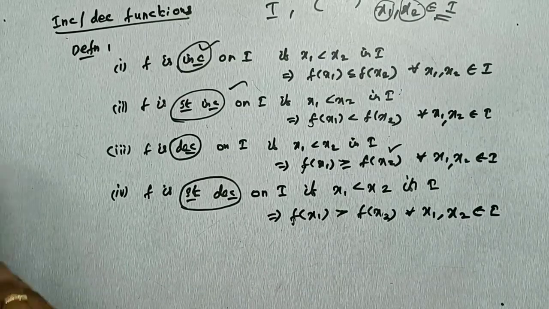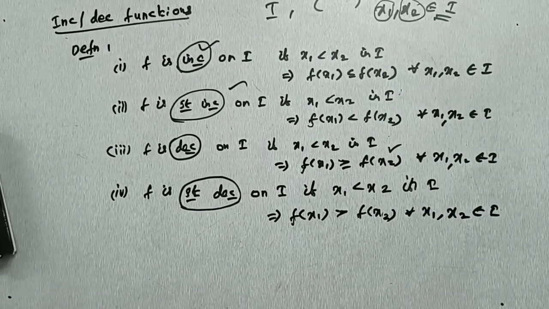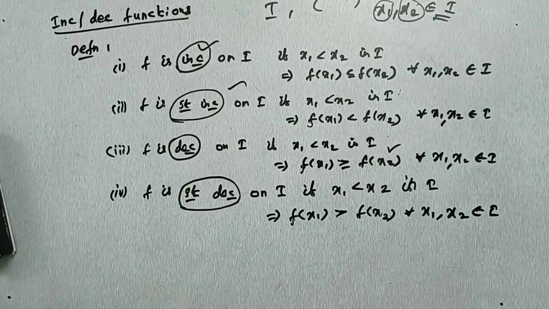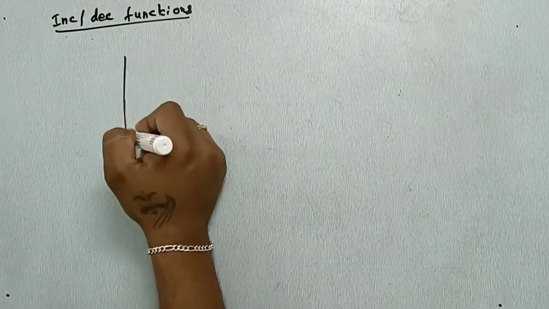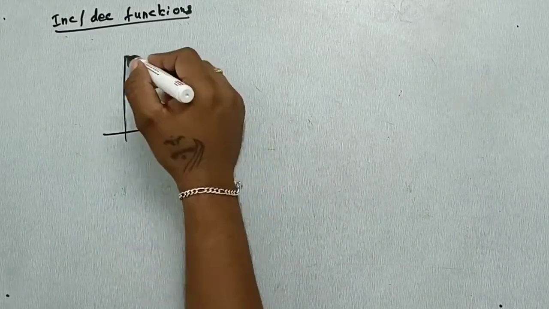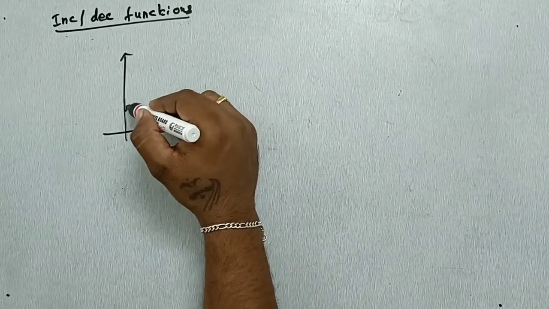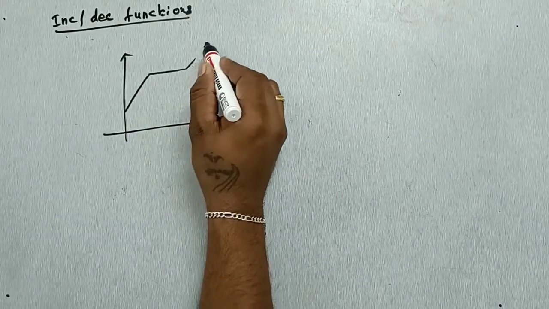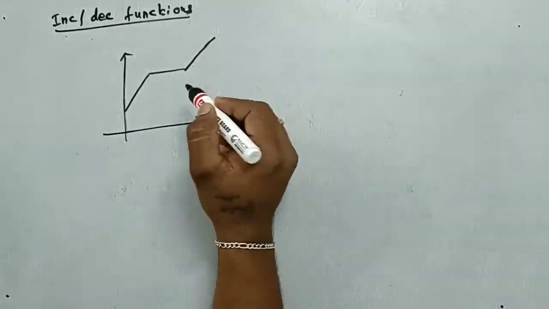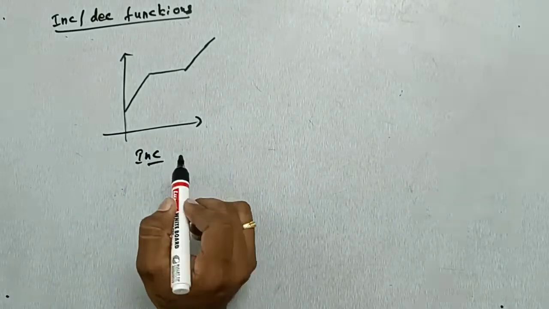Now we will see some examples for increasing and decreasing functions. We will see some graphs. Consider this graph. For example, this is my y-axis, this is my x-axis. If I take a graph like that, this graph is an increasing function.